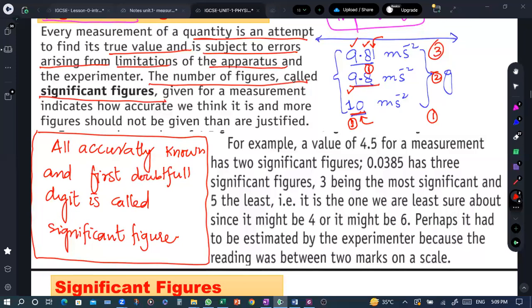The number of figures, called significant figures, given by the measurement indicates how accurately we think, and more figures should not be given than are justified. It is written in a complicated way, but I have simplified this in my notes as well: all accurately known digits in an experiment and the first doubtful digit are called significant figures, right?